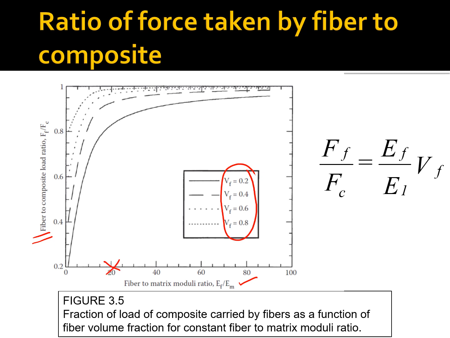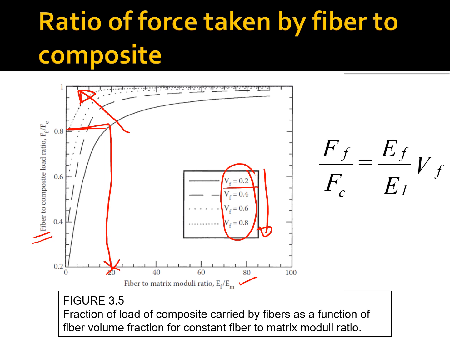Let's look at glass epoxy. The glass epoxy fiber to matrix ratios are around 20 or so. And you can see that already, even for small volume fractions of 20%, 80% of the load is taken by the fibers. And as you increase the fiber volume fraction, more and more load will be taken by the fiber because there's more of the fiber there.